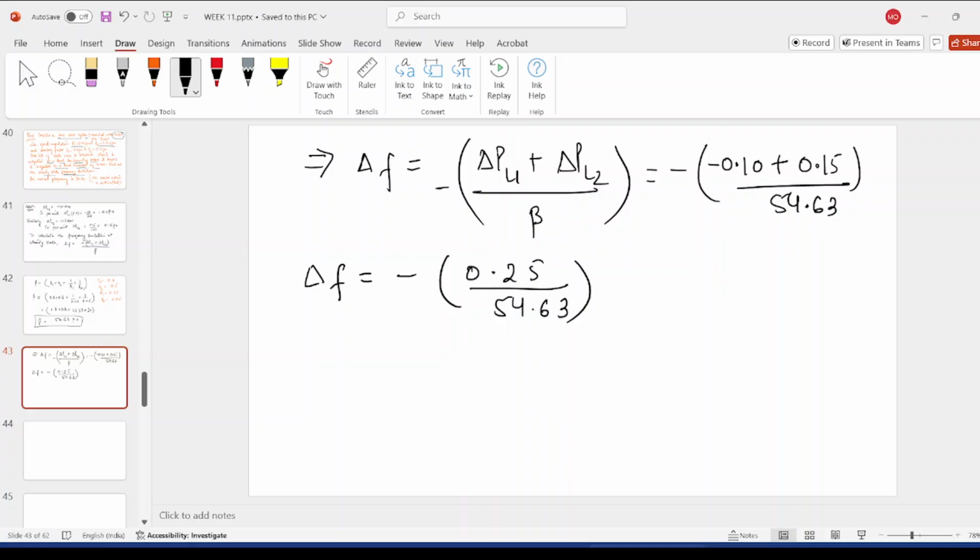If we divide it, its value comes out to be 0.00095152 per unit.